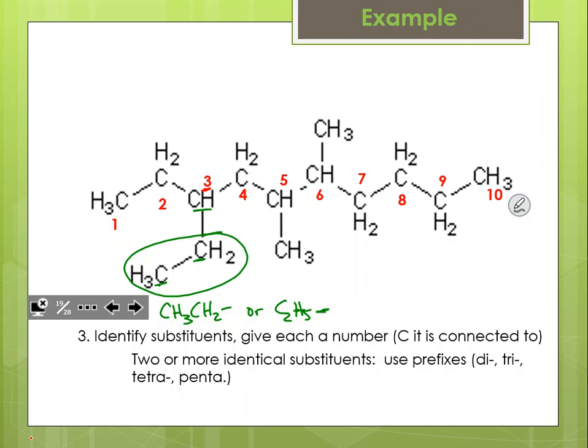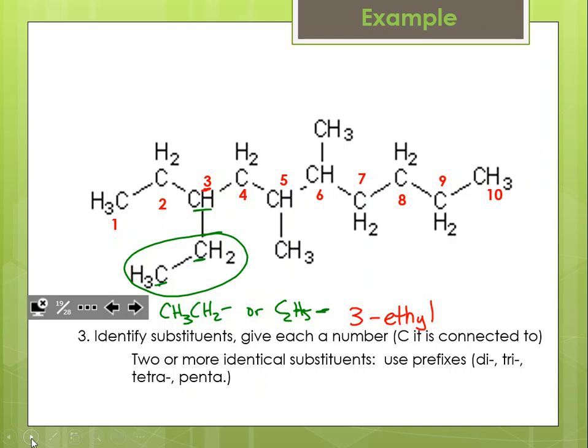Well, it's off of the 3rd carbon, so this would be 3-ethyl. Ethyl because 2 carbons, eth is the prefix for 2, so this branch is an ethyl group off of the 3rd carbon. We put hyphens, the dashes, in between numbers and letters. So in between numbers and words, you're going to put dashes.